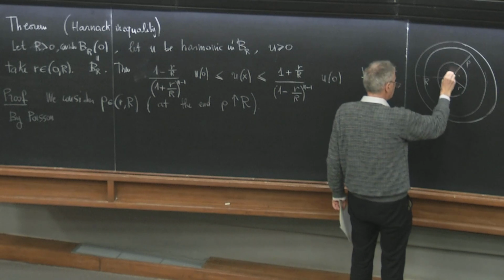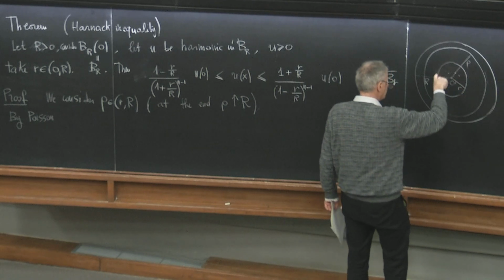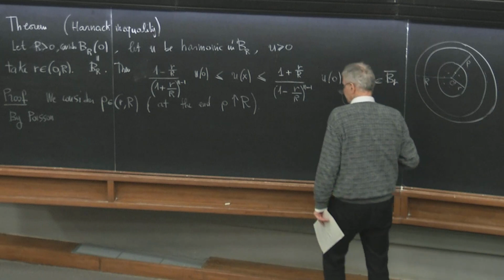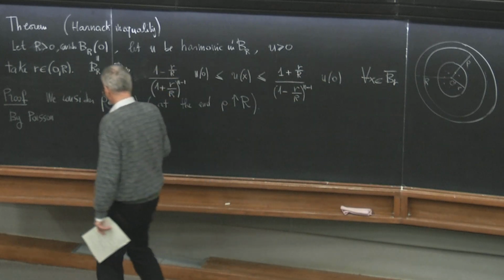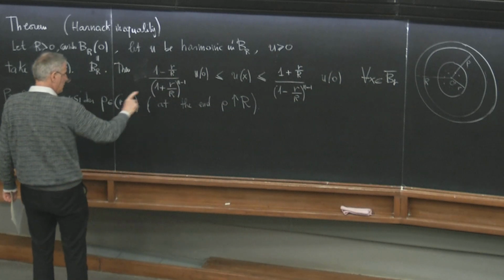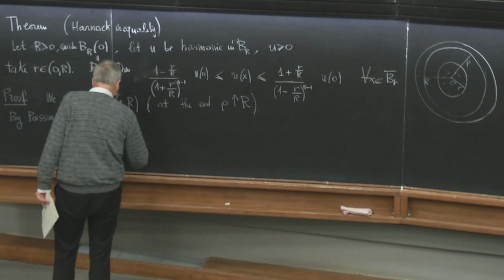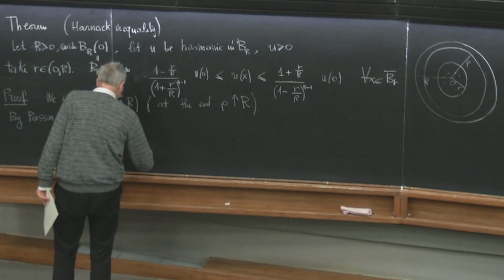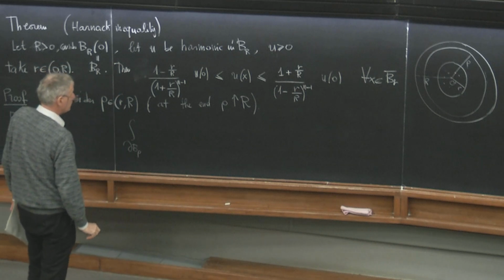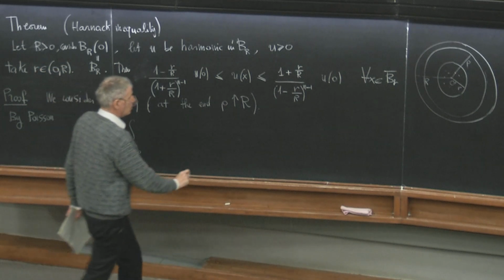And we do this formula for x in the small ball. So we consider the mean value on the ball B_rho.